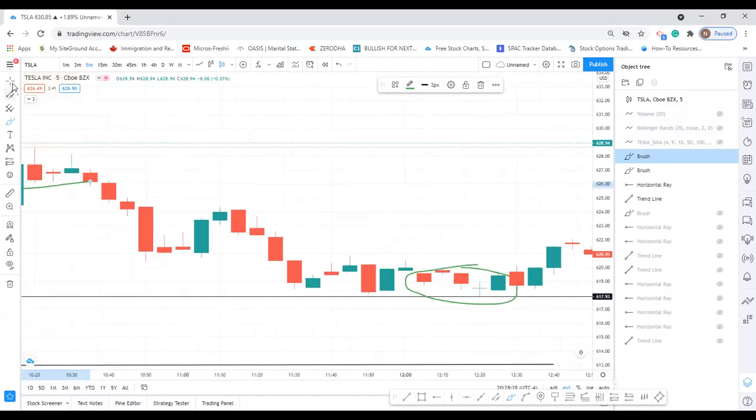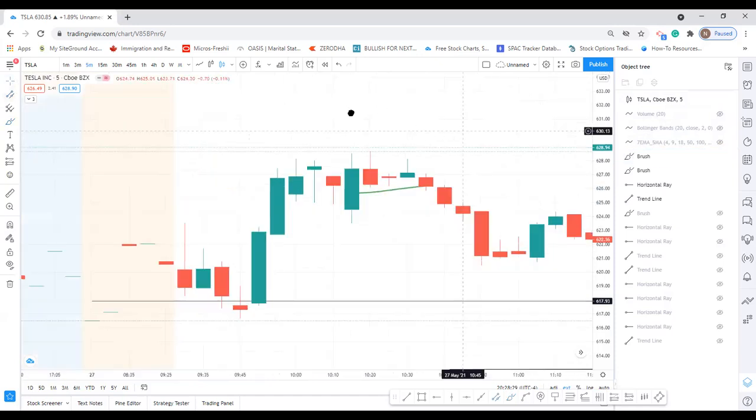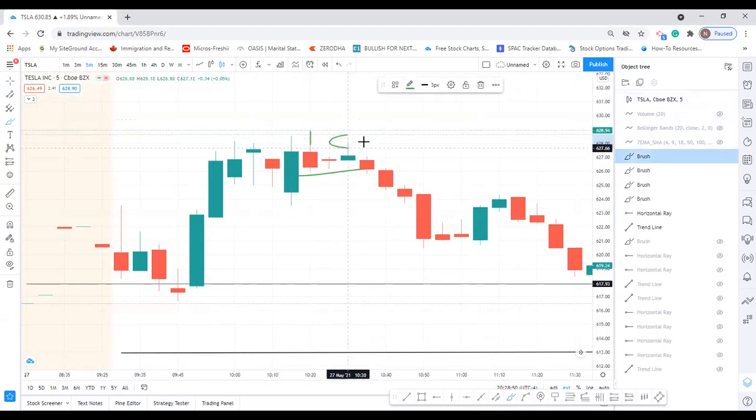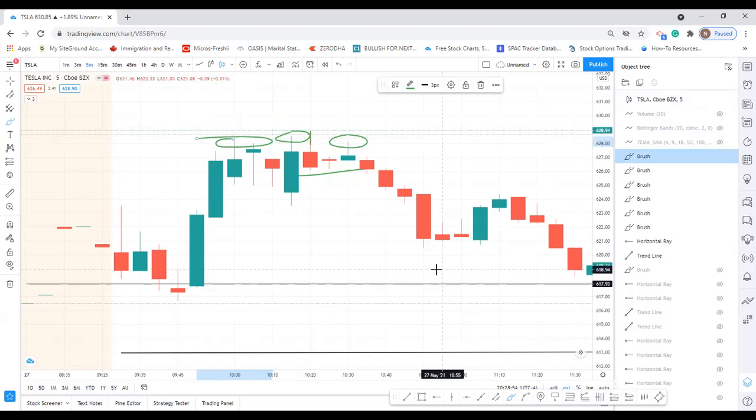Now if you see here, this is a hammer too, not exactly a hammer, but kind of a bullish candle. We're gonna discuss why the price didn't go higher. So during this time, what do you see here, and even here, even these 2?